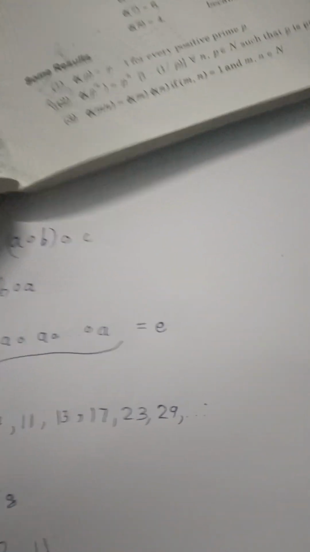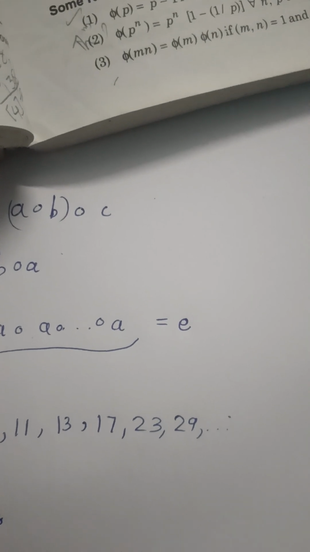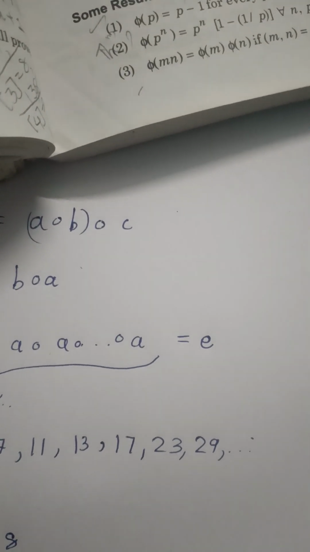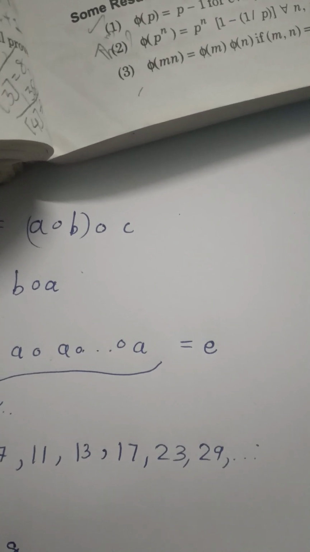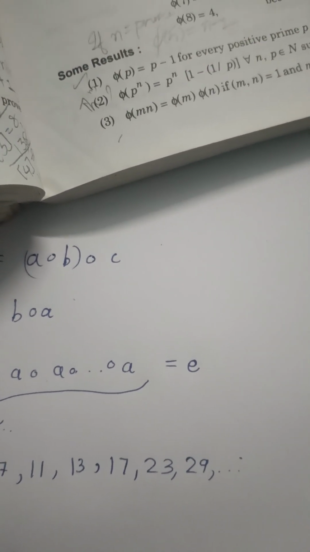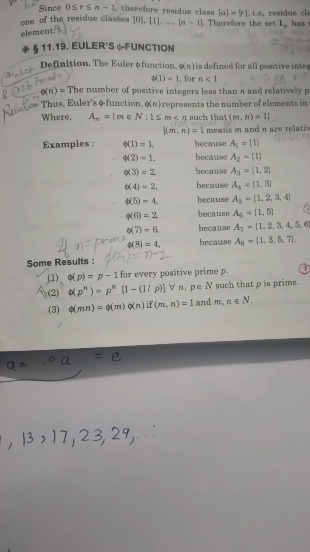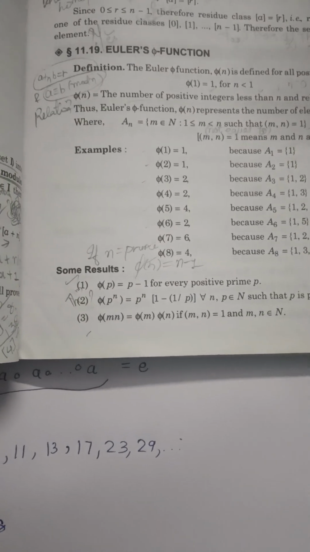So Euler's phi function is for such numbers. Phi n is the number of positive integers less than n and relatively prime to n. Now suppose we have a prime p. Phi p is equal to p minus 1.